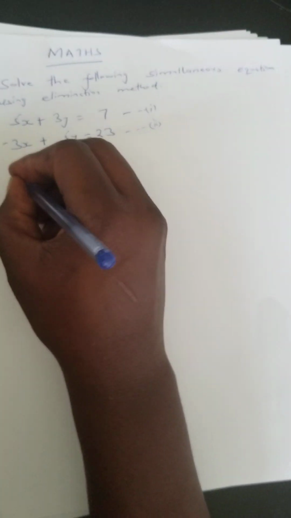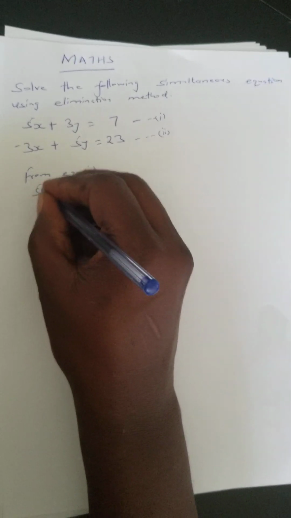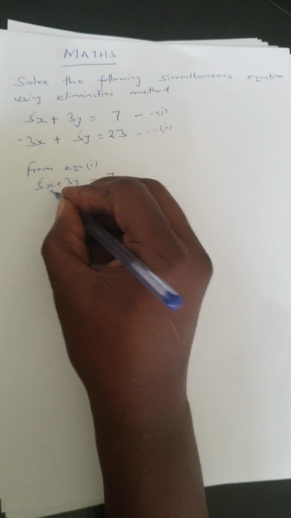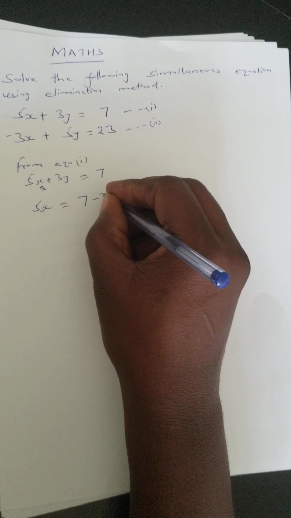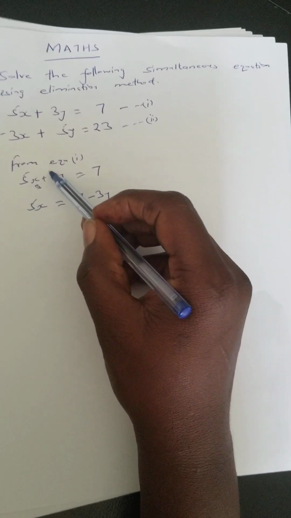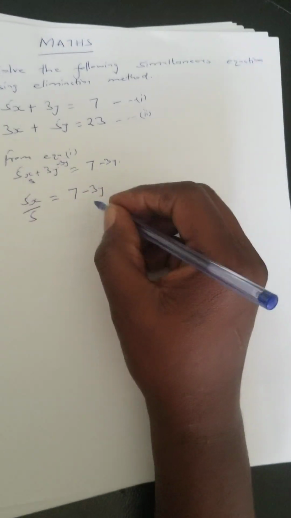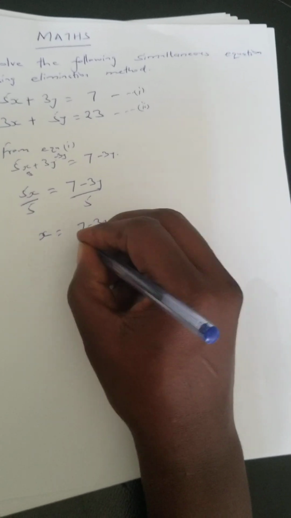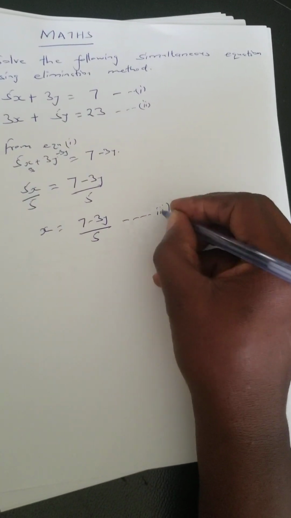From equation 1, which is 5x plus 3y is equal to 7, you make x the subject of the formula. So it will be 5x is equal to 7 minus 3y. We have subtracted 3y on both sides. If we divide both sides by 5, our x will be 7 minus 3y over 5. And this is our equation 3.